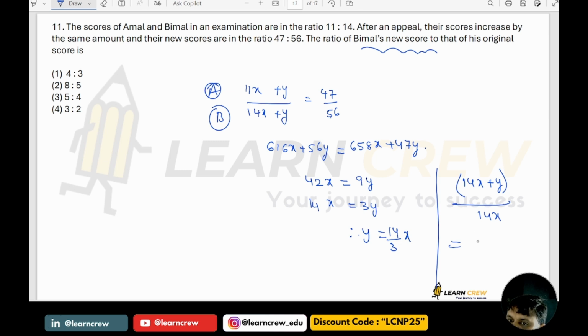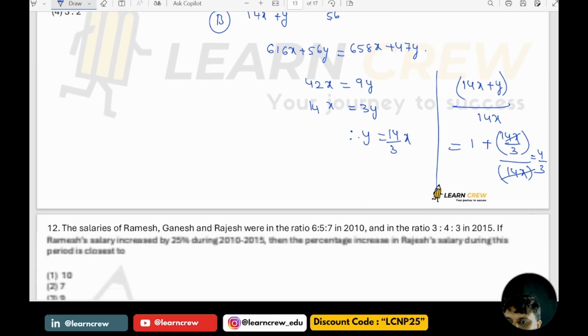So please see here, 14x by 14x is 1. Y means 14x by 3, divided by 14x. 14x cancels. 1 plus 1 by 3. 1 plus 1 by 3 is how much? 4 by 3. So the answer is 4 is to 3.